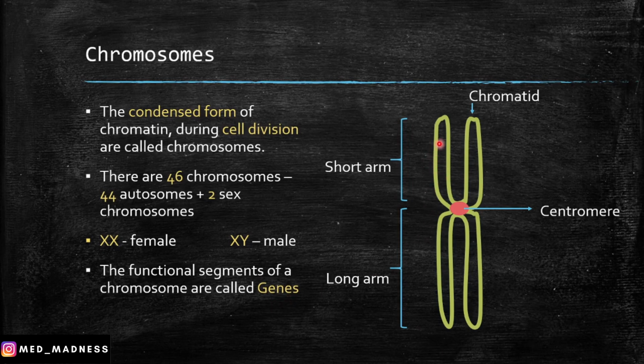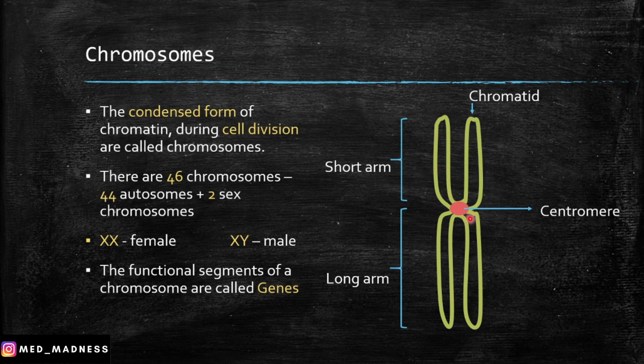Now you know the difference between the chromosome, chromatin, DNA and genes. Remember, in the chromosome we have a pair of chromatids. So this is one chromatid, this is another chromatid.